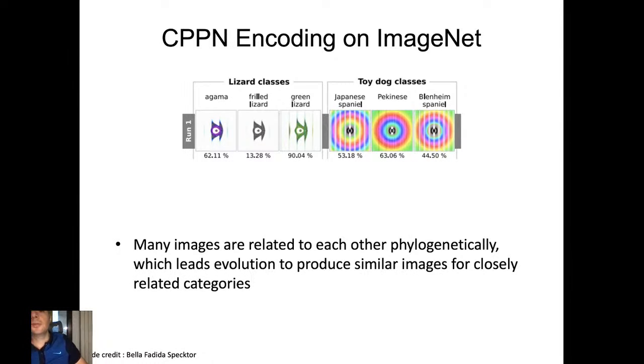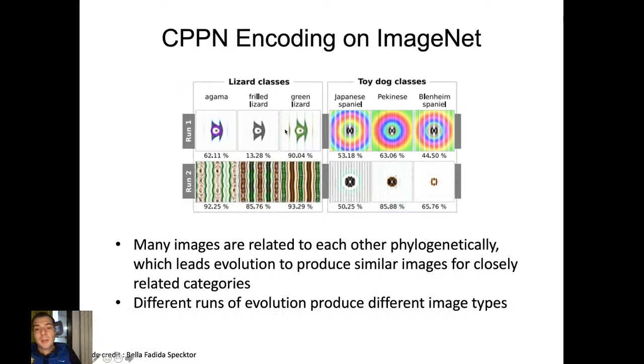So the images generally have patterns that look something like this. This is a different one, and they obtain the same type of similar images, but with different patterns. So it's not always that all the images look like this, but for these classes, the generated images can look quite similar. But there is also some variation within the class.